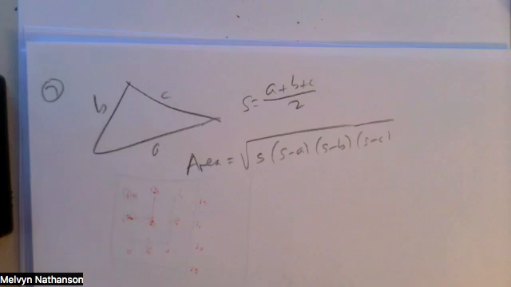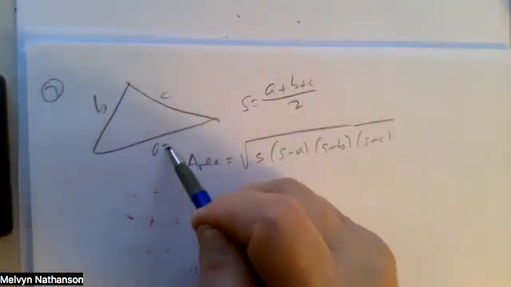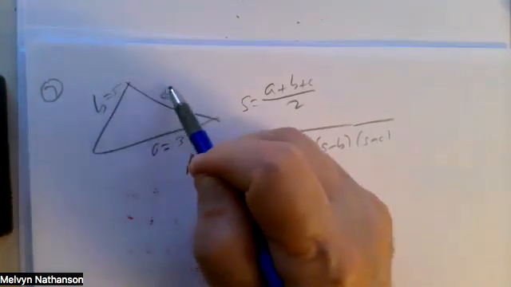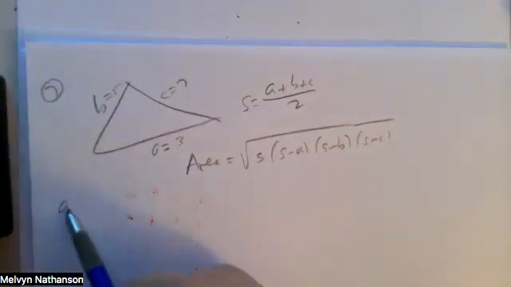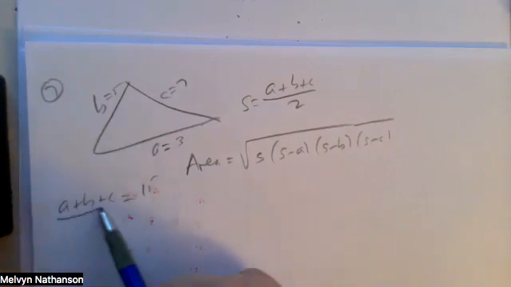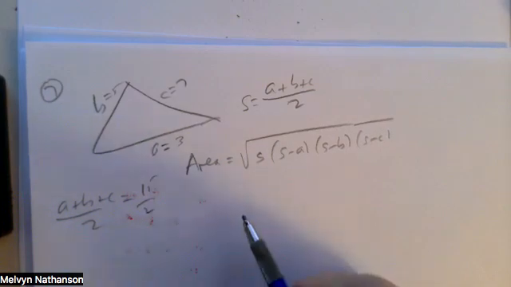So in problem 7, A is 3, B is 5, C is 7. A plus B plus C is 15. Divided by 2, you get 15 over 2.